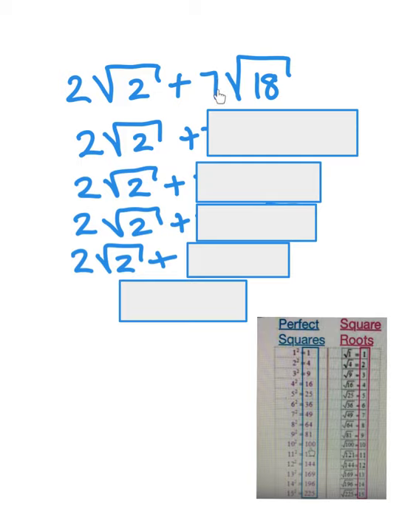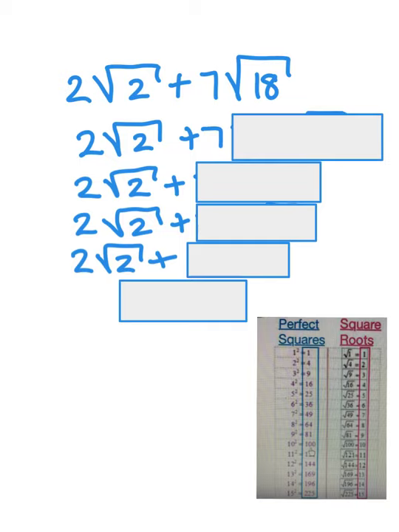Remember, the 7 stays out on the front. We don't do anything with it. But then we're going to reduce down the 18. Again, we want factors that come from the perfect squares list. Well, look, there's a 9. So I can take 18 and write it as the square root of 2 times the square root of 9.